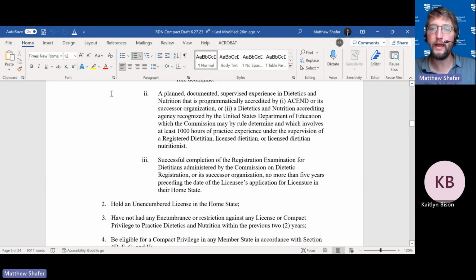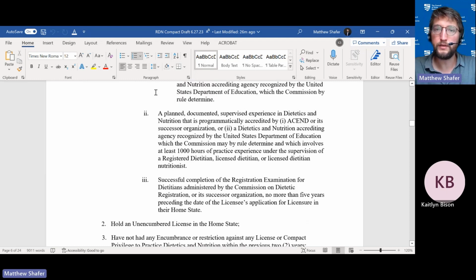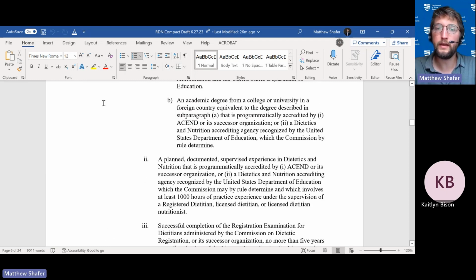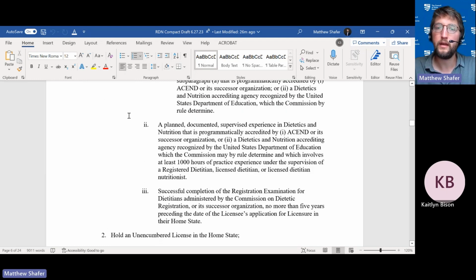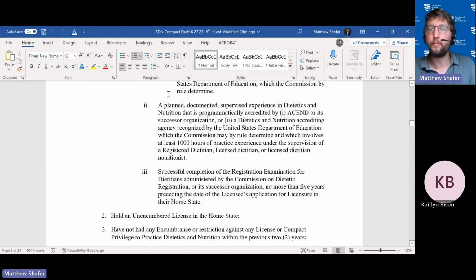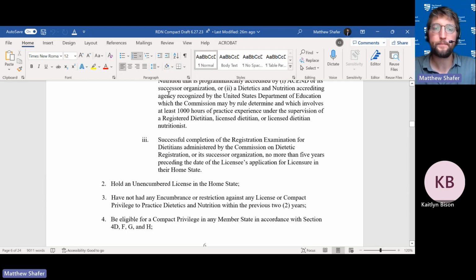Number 2, planned, documented, supervised experience in dietetics, again, programmatically accredited by Ascend, which involves at least 1,000 hours of practice experience under the supervision of a registered dietitian. So there's the education component here, and then here's the supervision component, at least 1,000 hours programmatically accredited by Ascend.